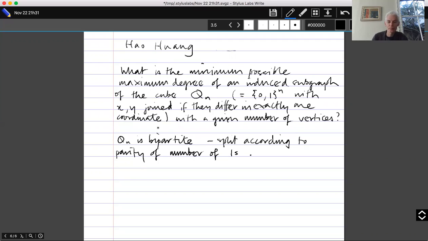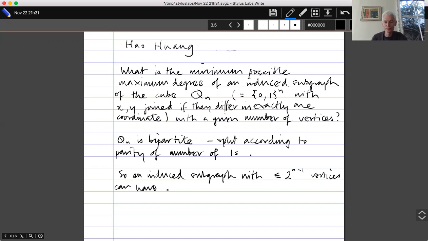So what does that imply about induced subgraphs? An induced subgraph with at most 2^(n-1) vertices can have no edges.